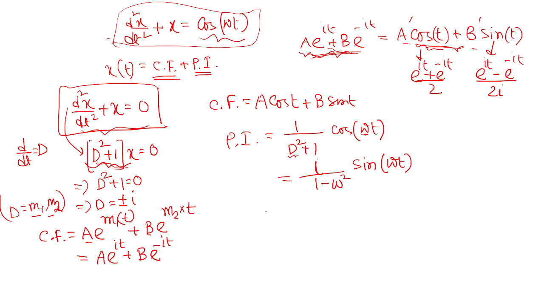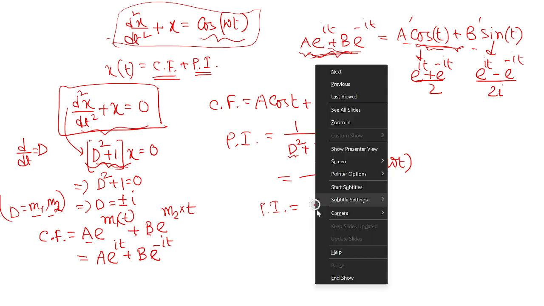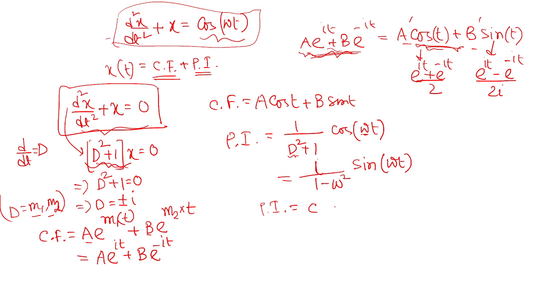So we can assume the particular integral solution to be a constant c times cosine of omega t. We are assuming that after a long time, the system will forget its initial condition and oscillate with the frequency with which we are driving.